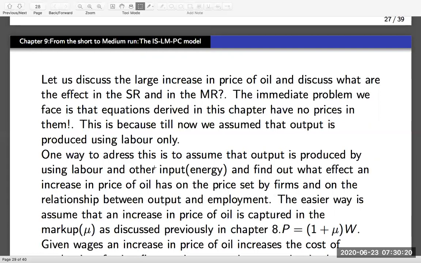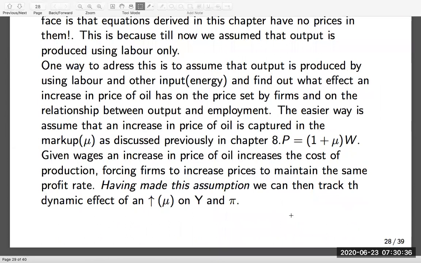So the easier way is to assume that the increase in the price of oil is captured in the markup, i.e., as discussed in chapter 8, we say that the price setting equation is P equals (1 plus mu) W. This was the price setting relation I discussed in chapter 8.